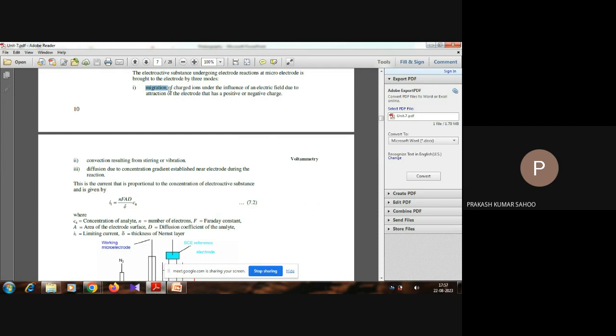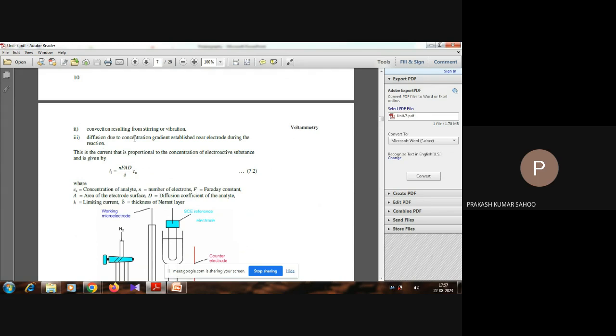So the first step is the migration of the charged ions of the electroactive substance in the applied electric field. It is followed by convection, that is mechanical stirring, or vibration will be generated through stirring, then followed by diffusion. Diffusion is due to concentration gradient, that is concentration per volume, and the concentration gradient established near the electrode during the reaction.